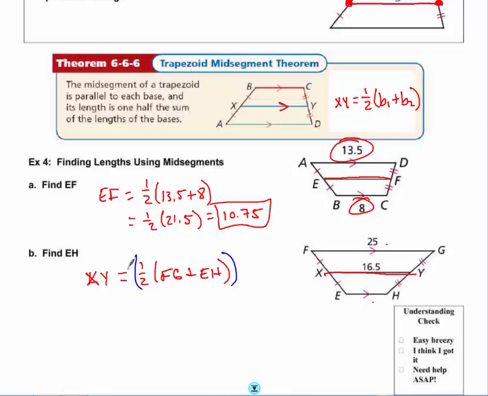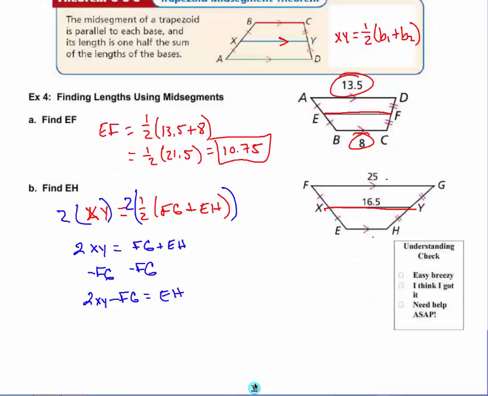We're going to multiply both sides by 2. And that gives us 2XY equals FG plus EH. And I want to know EH, so I'm going to subtract FG from both sides. So I get 2XY minus FG equals EH. And so that's how I can figure out what EH is.